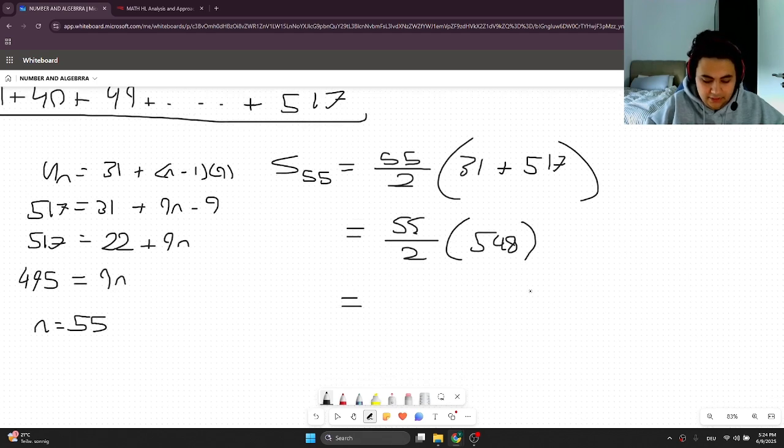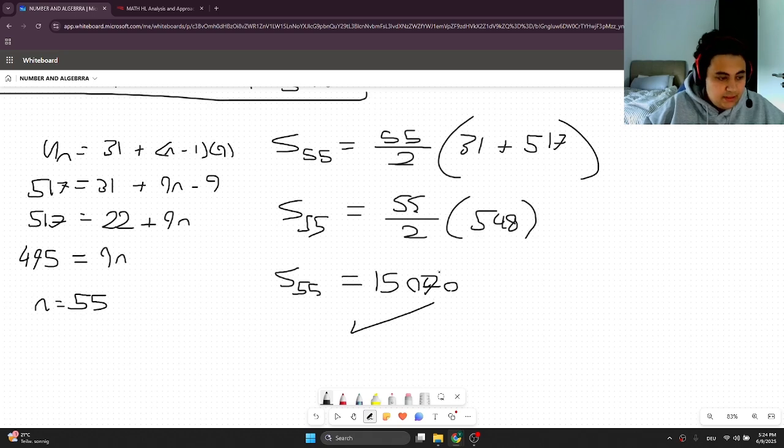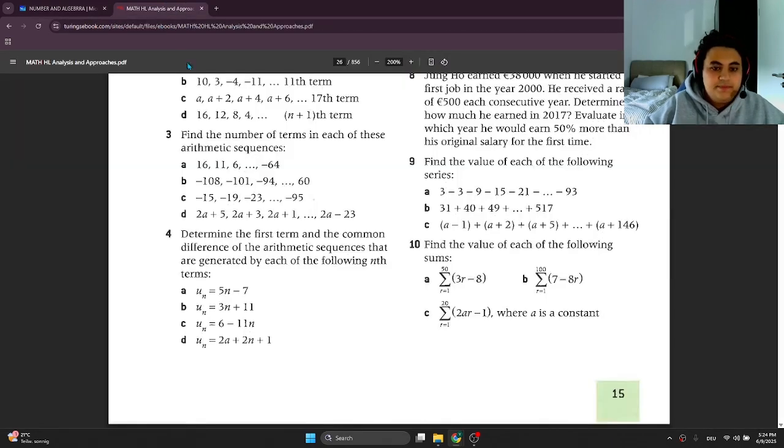So 55 over 2 multiplied by 548 is going to give us 15,070. The sum of the 55 terms in this series is 15,070, which is correct. Okay, cool. Now the next one.